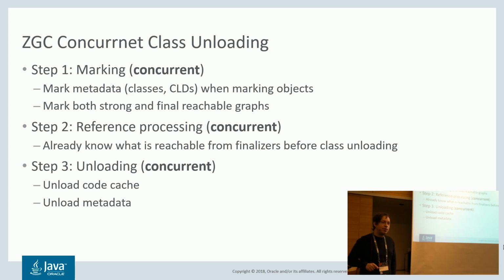It's already been computed during the concurrent marking. And that allows us to continue doing concurrent class unloading as well. And there, again, we will walk the code cache, we'll walk the metadata, and purge out all the stuff that is dead.